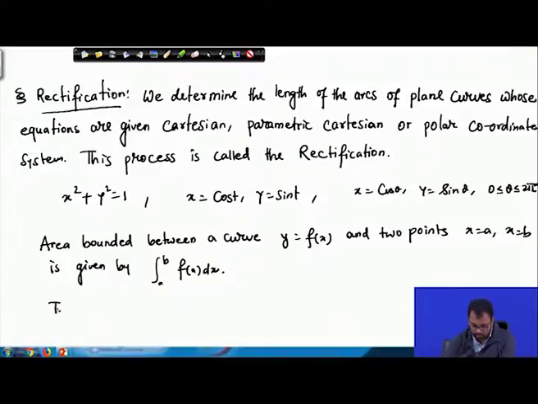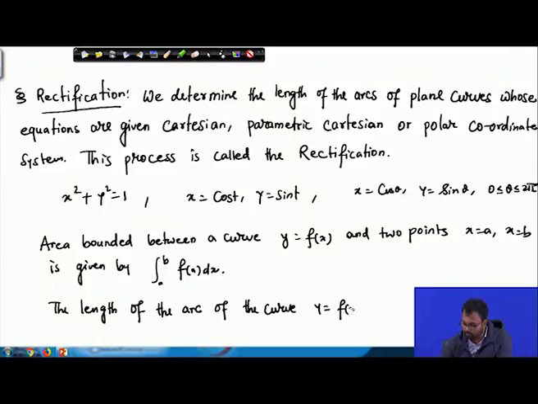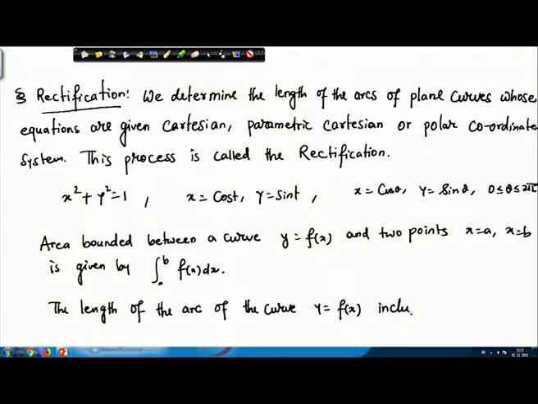The length of the arc of the curve y equals f(x) included between 2 points, say x equals a and x equals b, is given by, so this is our x axis, this is our y axis, that is the point x equals a, that is the point x equals b, and this is our curve.